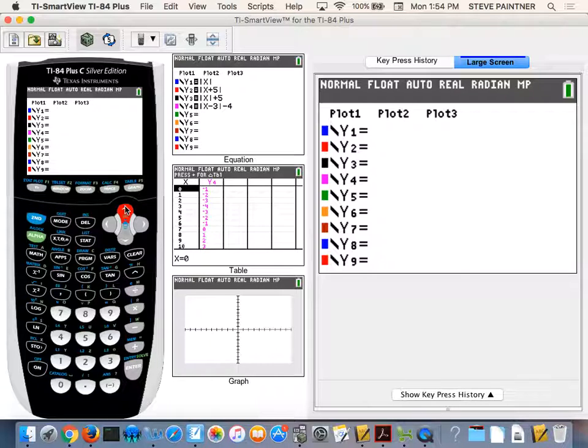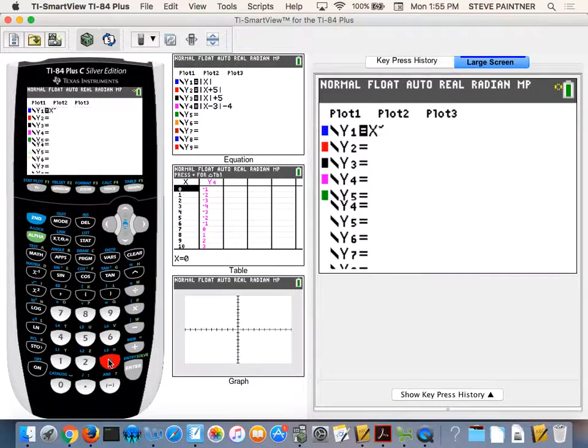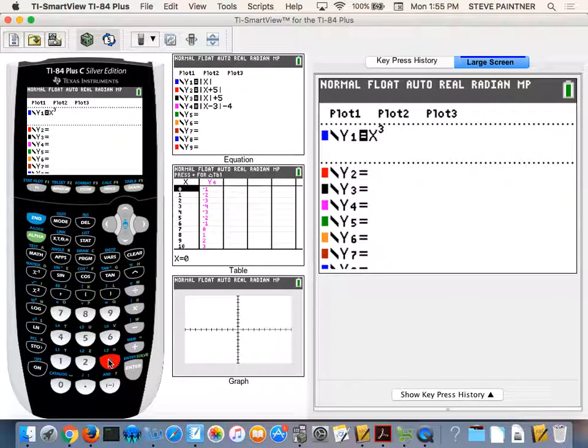With the little caret sign, right? You don't have to do that if you don't want to. Can I show you a button you might want to use? Go under math. Look at number 3. What is it? Number 3 is your cube button. If you hit number 3, it will just cube your x. You can hit this button, then the 3.